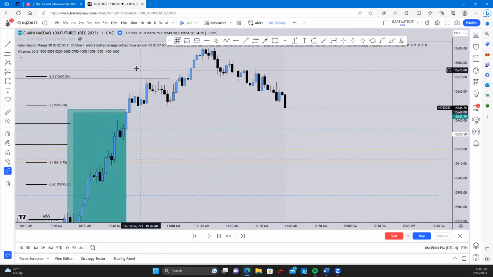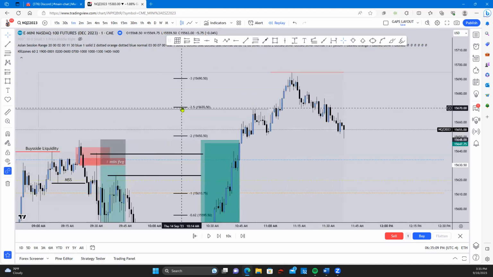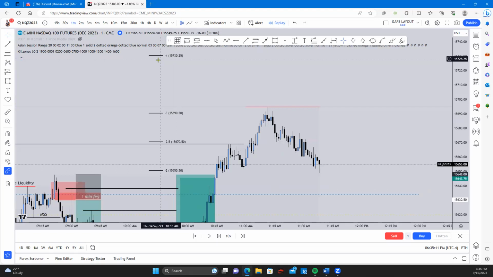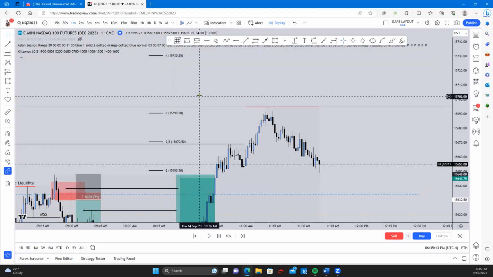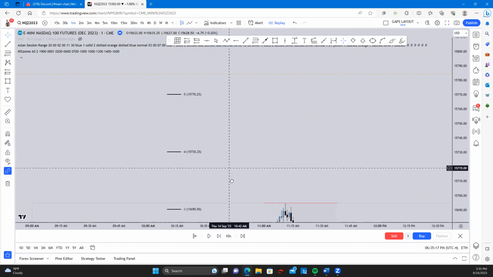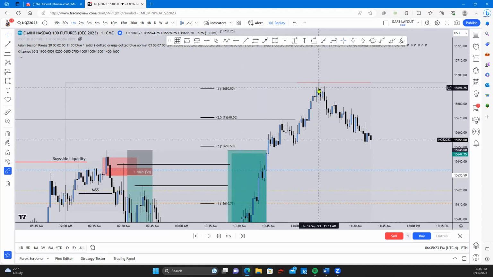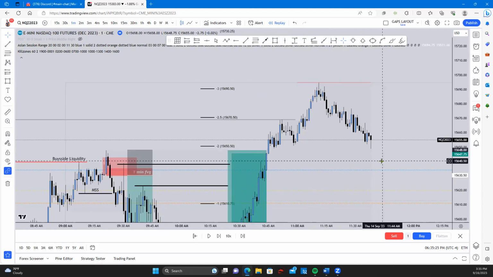And if we look, we hit 3 and reversed from there. So usually a whole market maker buy and sell model will go about 4 max. Sometimes I have it to 6, but the sweet spot's 2.5. As you see here, we hit 3 and then reverse down.